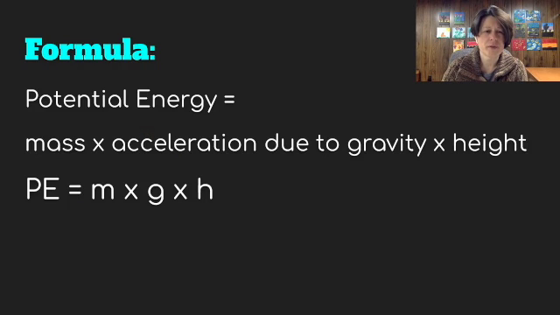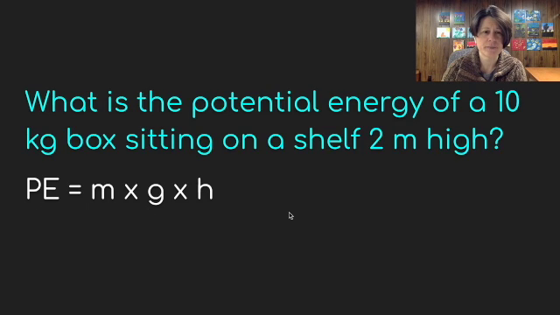So there's also a formula we need to know for gravitational potential energy, and that is mass times acceleration due to gravity times height. So PE equals m times g times h. So an example of a question you might be asked is, what is the potential energy of a 10-kilogram box sitting on a shelf 2 meters high? So first thing we do is write our equation, PE equals m times g times h.